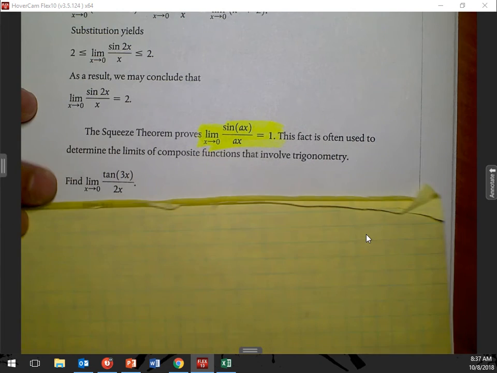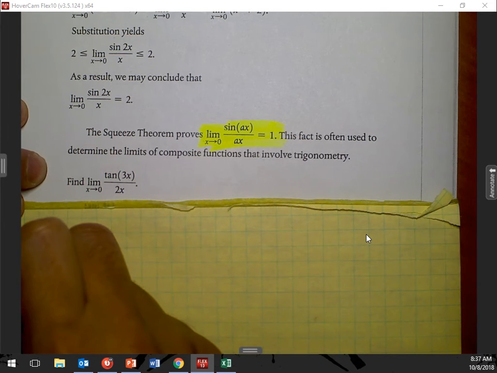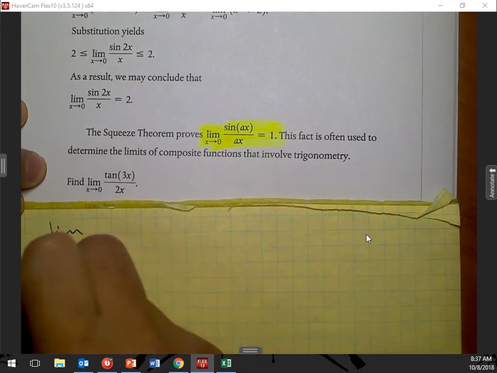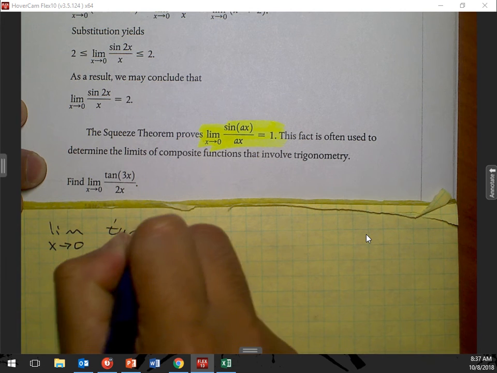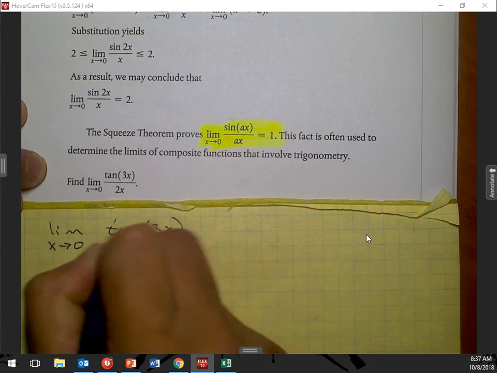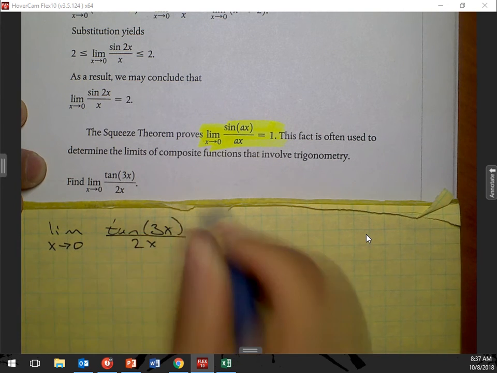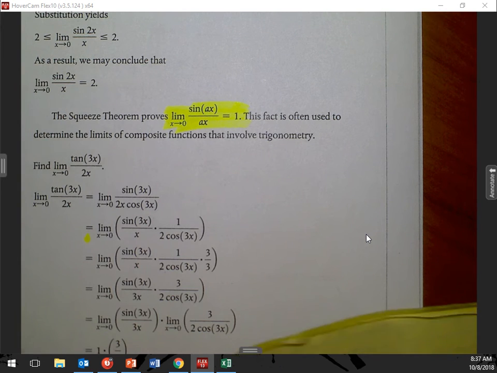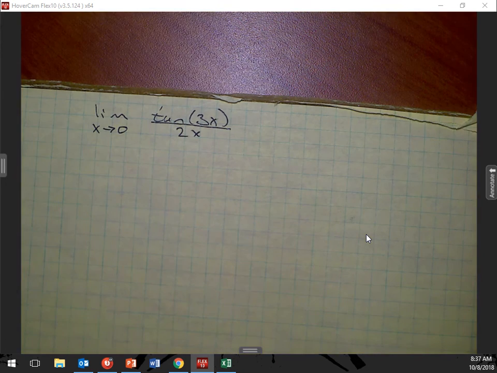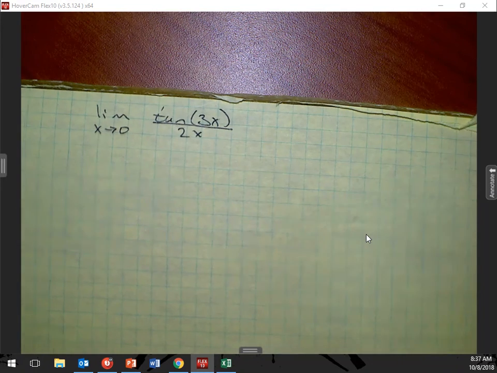Alright, so we have the limit as x approaches 0 of tangent 3x over 2x. Alright, so now I like working this out because I hate trying to read what they do because it really doesn't have an explanation. You can't say, hey, what was that?